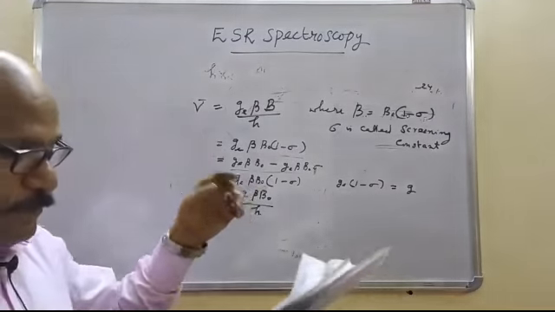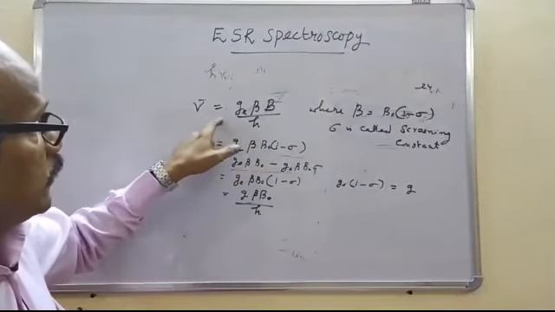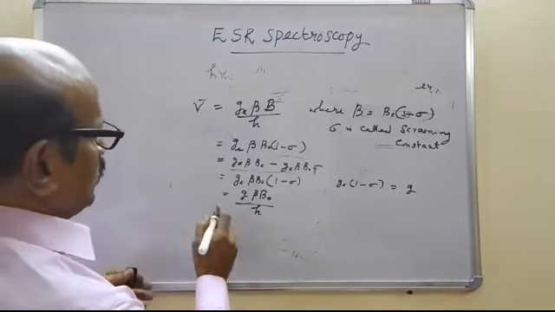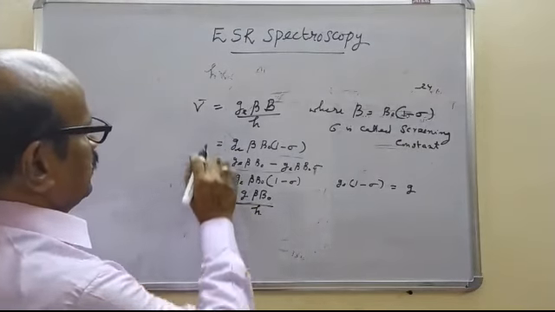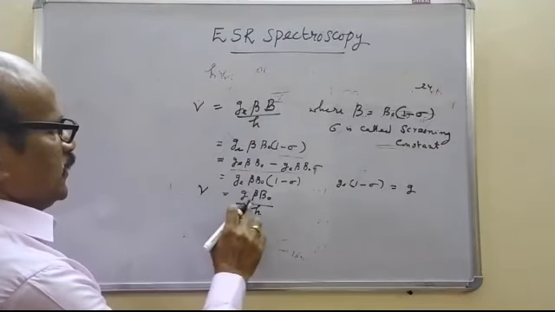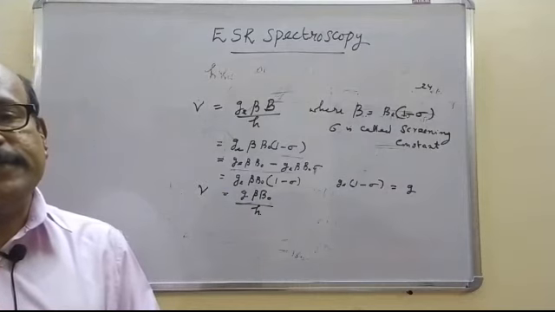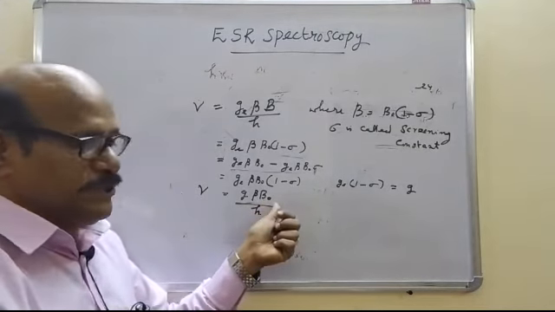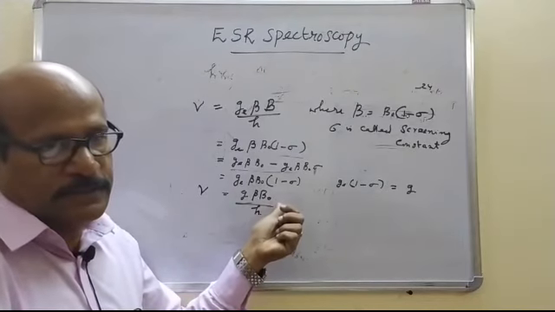According to this equation, we have to remember that nu, the frequency of the microwave radiation at which the ESR absorption takes place, is directly proportional to B0, the applied magnetic field.